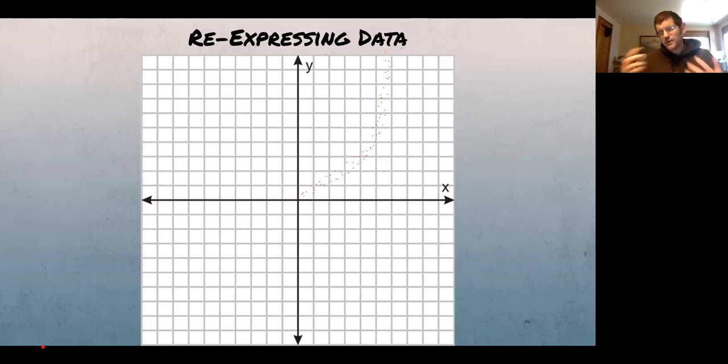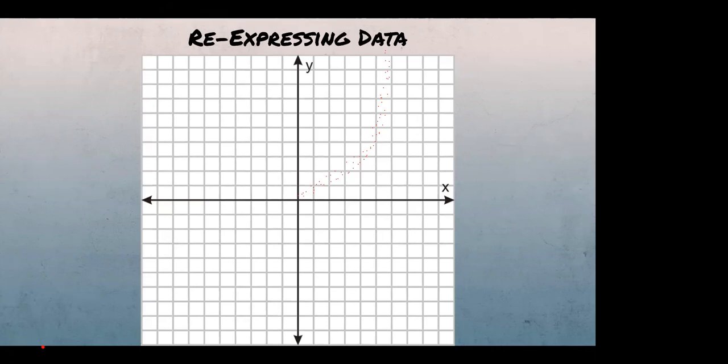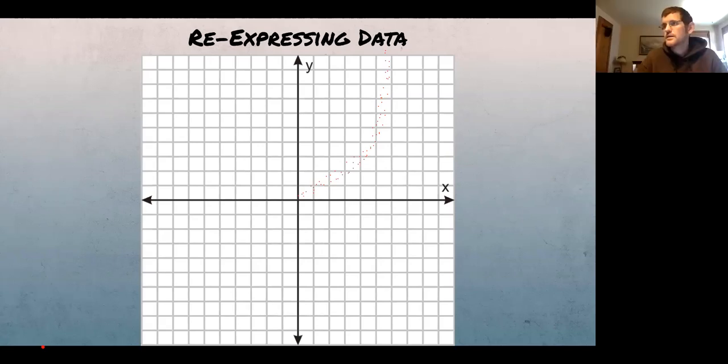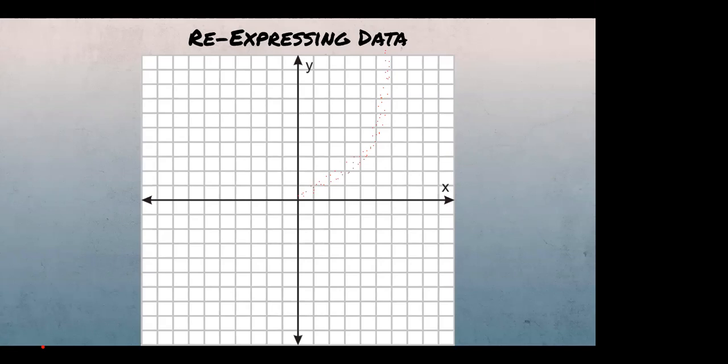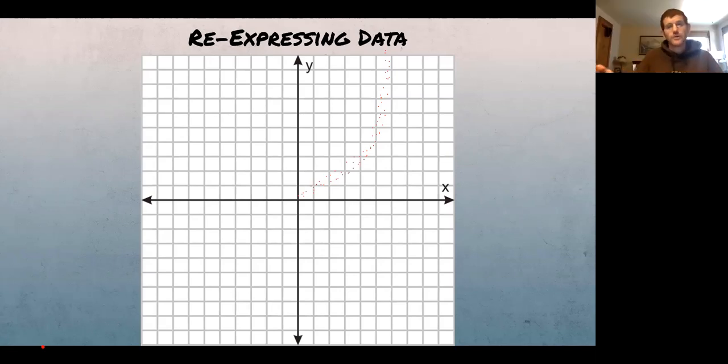And when I say what function, I don't mean an exact equation, but what type of function would fit that? Exponential, maybe? What else could it be? Quadratic. Quadratic, and we don't know, okay?